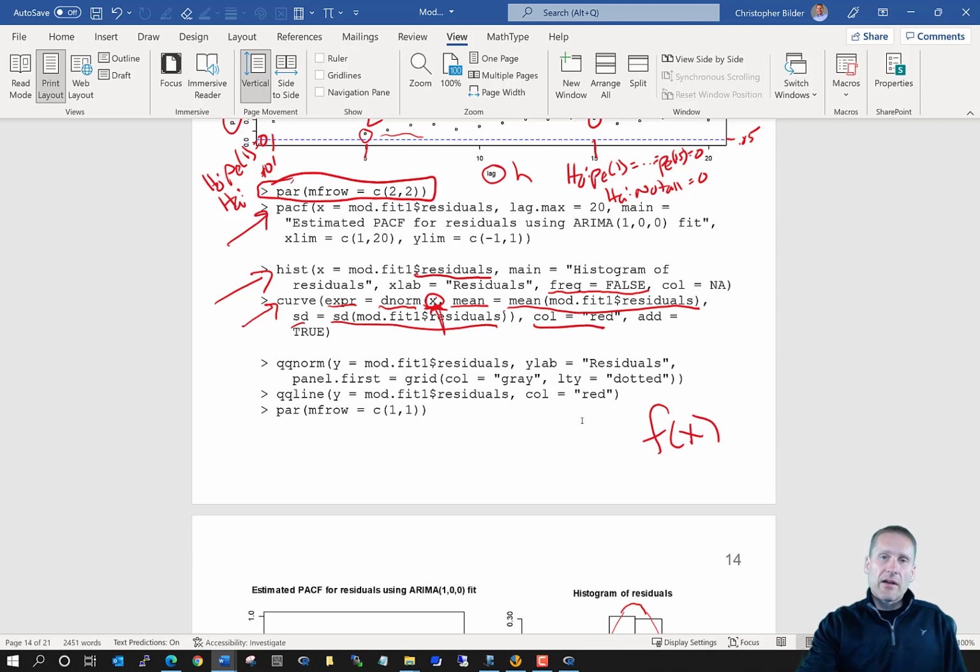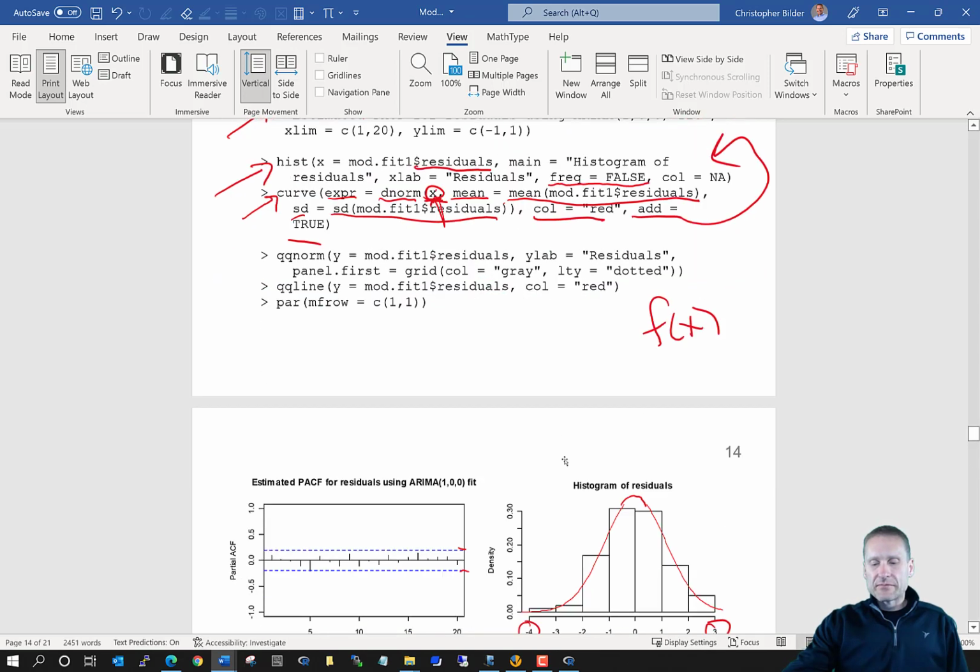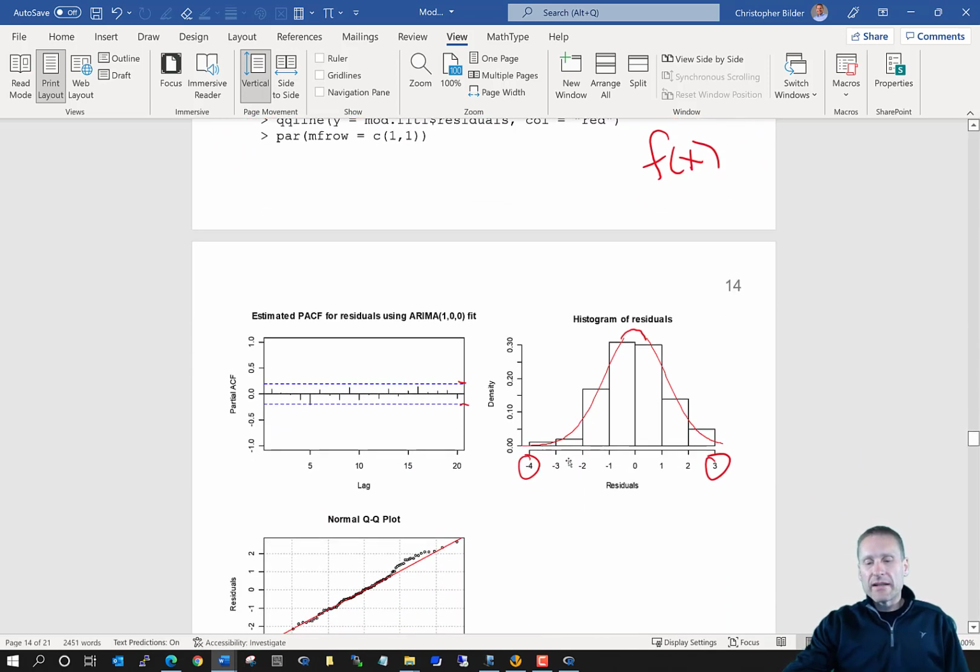The color of the line that's going to be drawn is red. I'm going to add that to the previous plot, and this is what we get. We can see that this normal distribution seems to follow a similar shape to the height of the histogram bars, indicating that, yeah, it looks like we have normality satisfied.